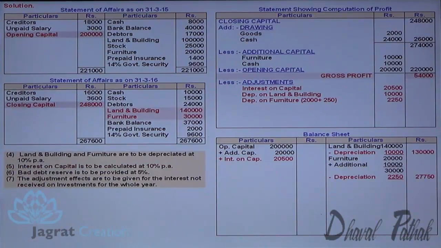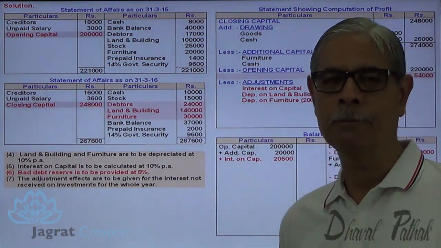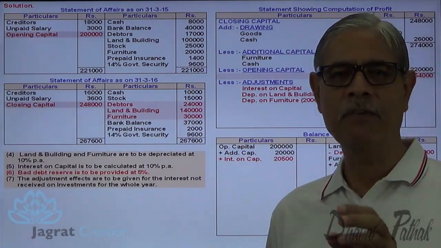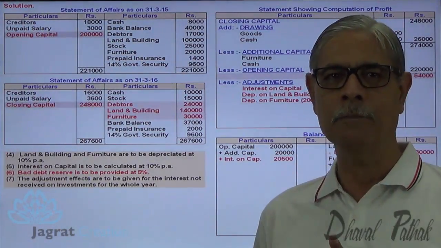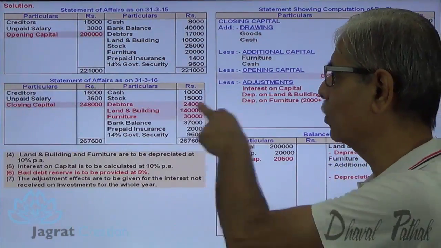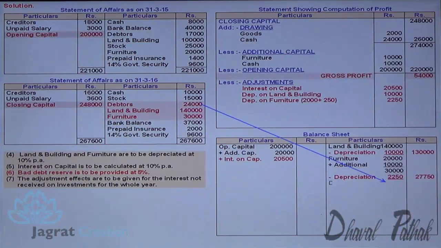Next adjustment, bad debt reserve is to be provided at the rate of 5%. So debtors are 24,000 on which you are required to provide for bad debt reserve. Bad debt reserve is a provision made to meet the losses on account of bad debts that may occur in the next year when we try to collect these debtors of 24,000. So 24,000 into 5%.